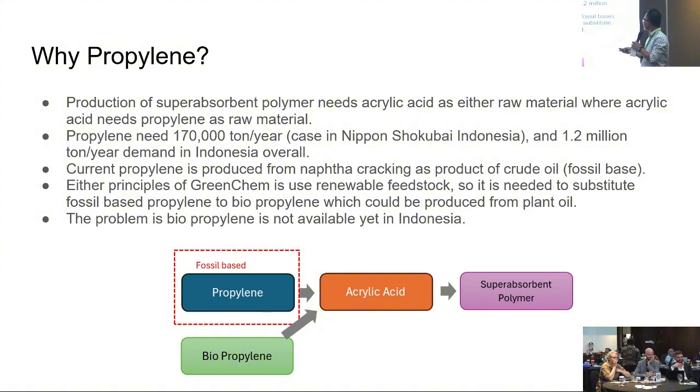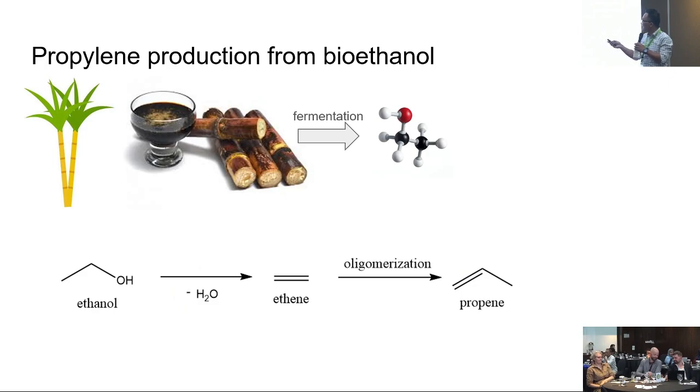Okay. Good. So our idea is to replace the naphtha-based supply with bio propylene. Researching that, propylene can be produced from biomass in Indonesia, and the one we can find is ethanol.